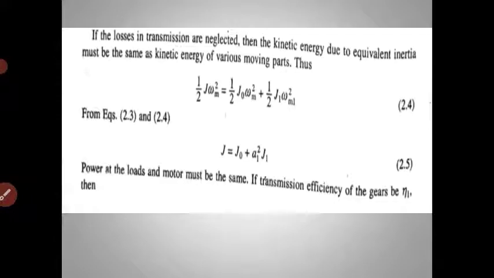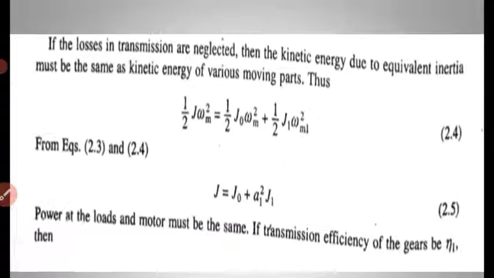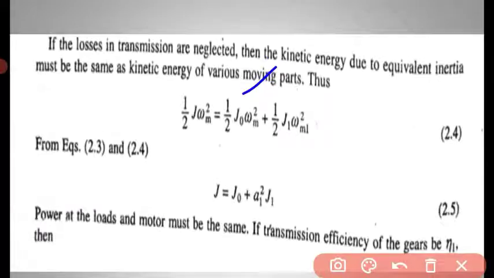If the losses in transmission are neglected, then the kinetic energy due to the equivalent inertia must be the same as the kinetic energy of the various moving parts. So here we have the kinetic energy: half J omega m square is equal to half J naught omega m square plus half J1 omega m1 square.